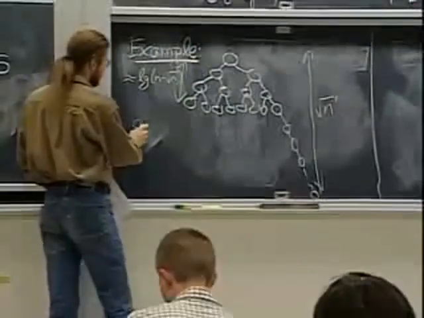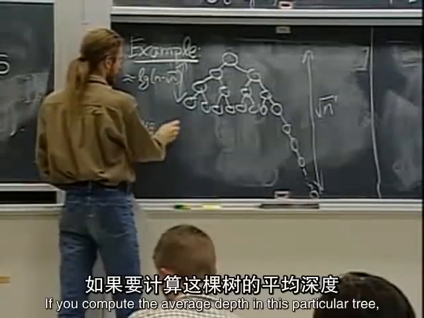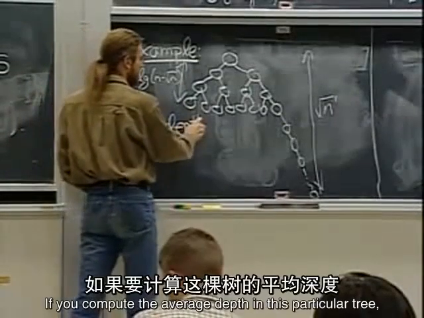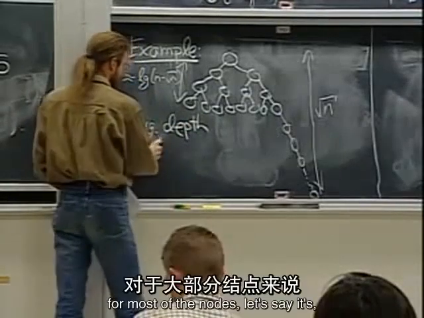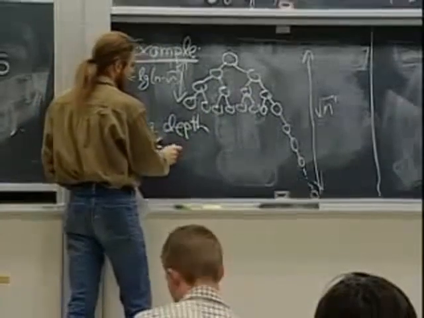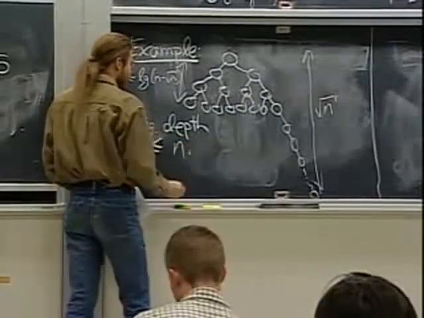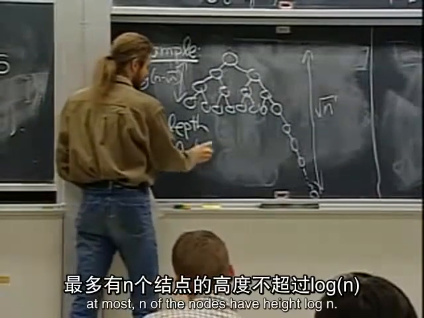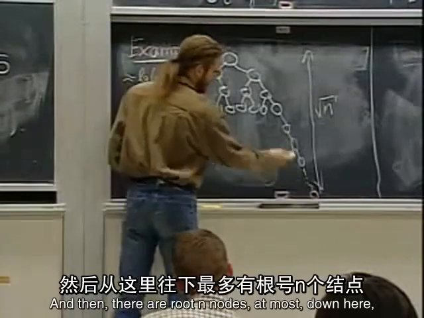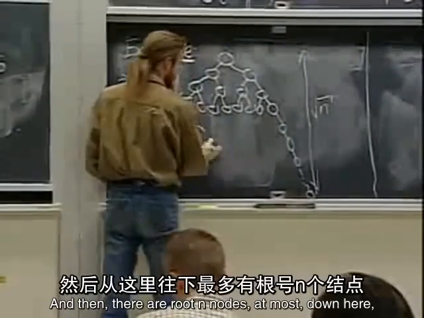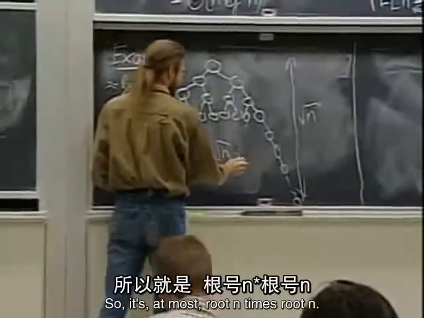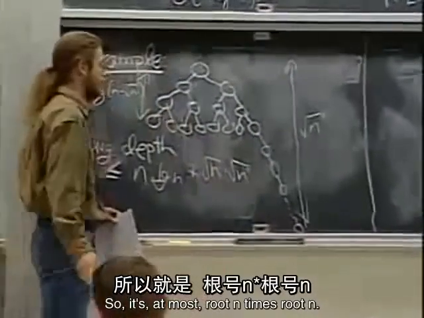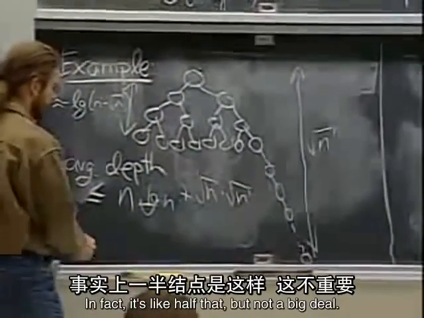And if you compute, logarithmic depth, if you compute the average depth in this particular tree, for most of the nodes, let's say at most n of the nodes have depth log n. And then there are root n nodes at most down here, which have depth at most root n. So let's say it's at most root n times root n. In fact, it's like half that, but not a big deal.